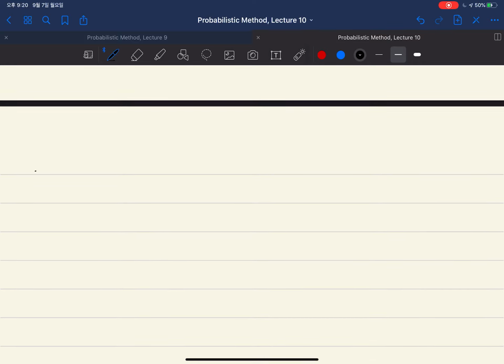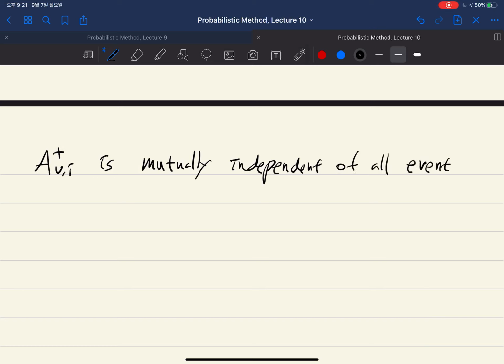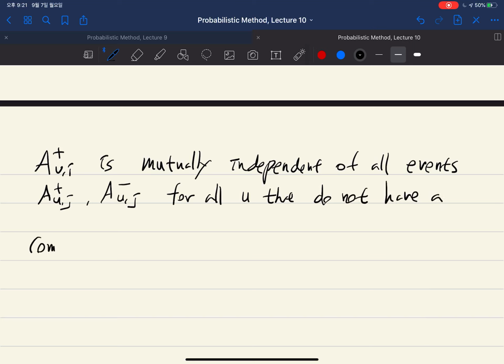So if we have an event, let's say this event, then it is mutually independent of all events, say A plus u j or of the form A minus u j, for all u that do not have a common neighbor in the underlying graph of D.